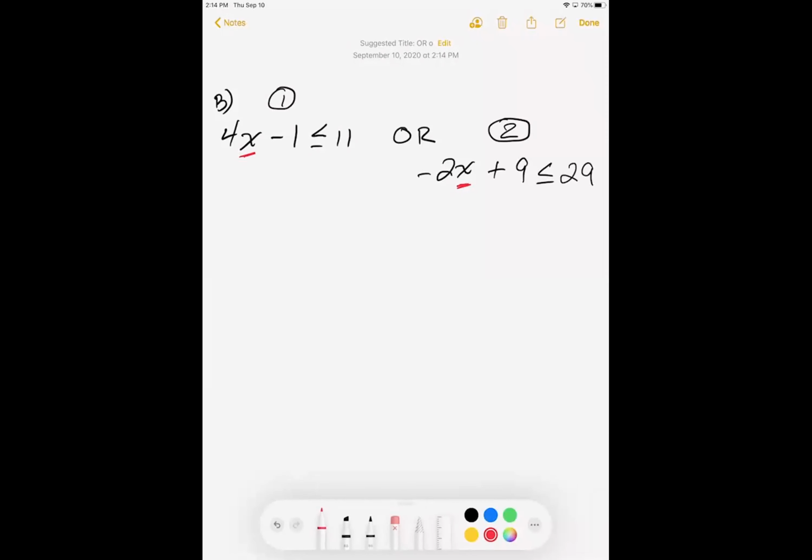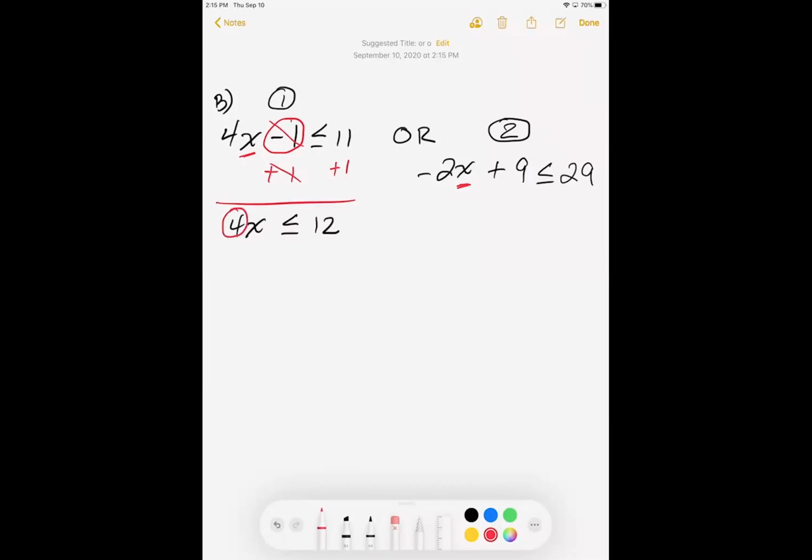I need to get rid of the subtraction first, and to do that, I need to add 1 to both sides. If I add 1 to both sides, my new problem will be 4x = 11 + 1, which gives me 12. And now how do I get rid of the 4?